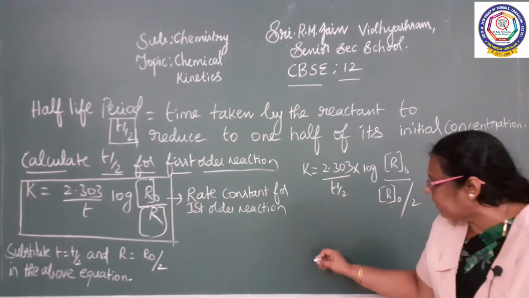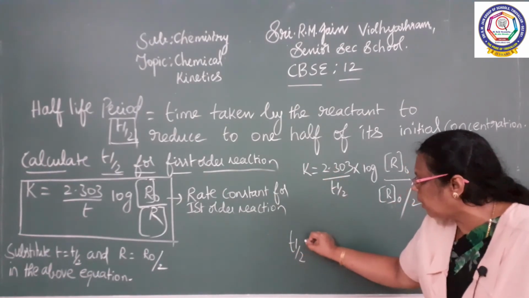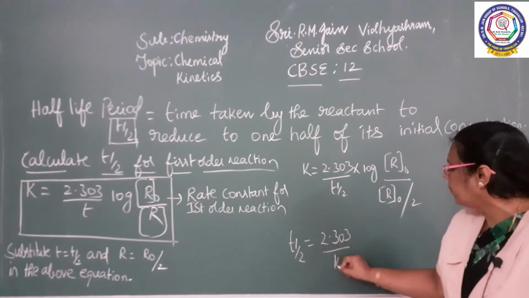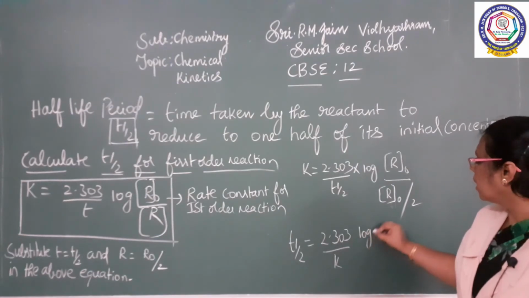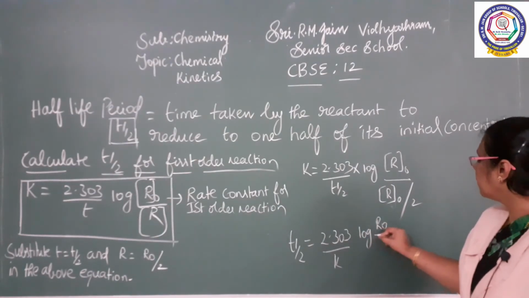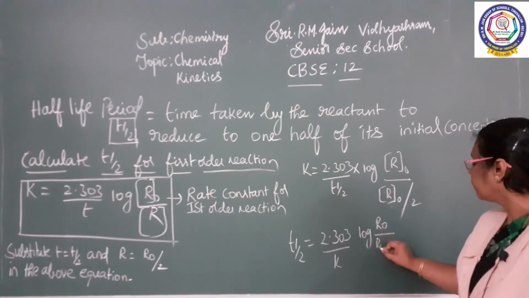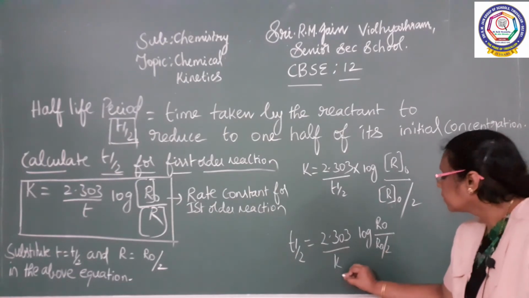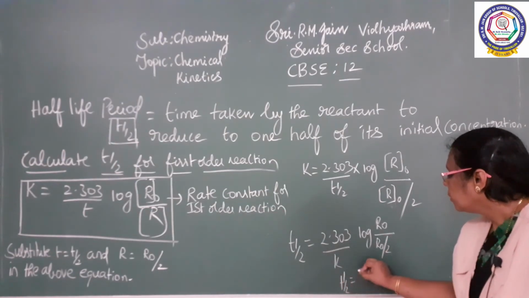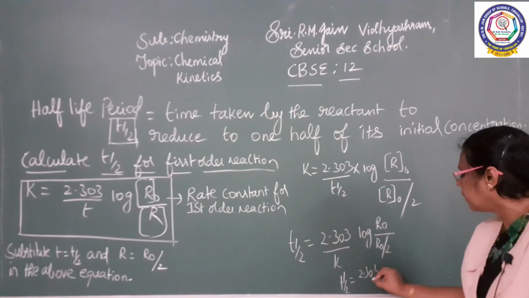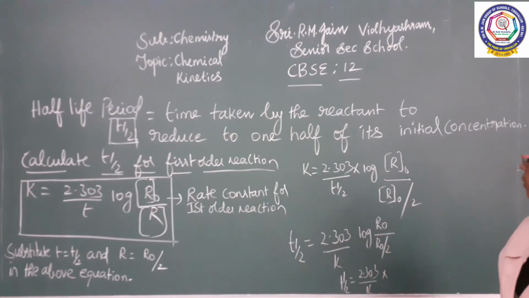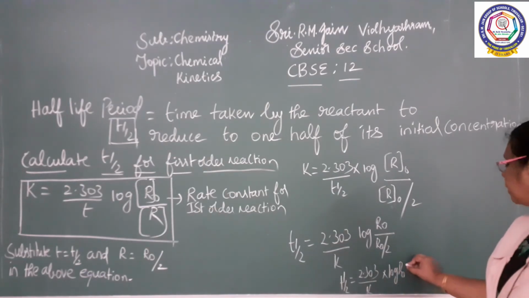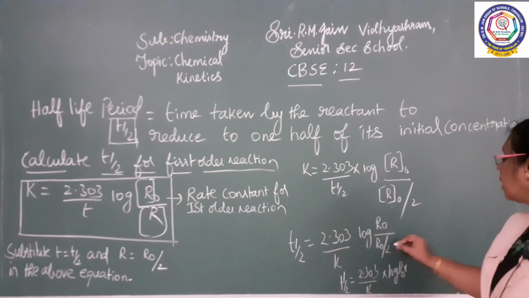Now take T half to the other side. T half is equal to 2.303 divided by K into log of R naught divided by R naught by 2. So this is log of R naught into 2 by R naught.